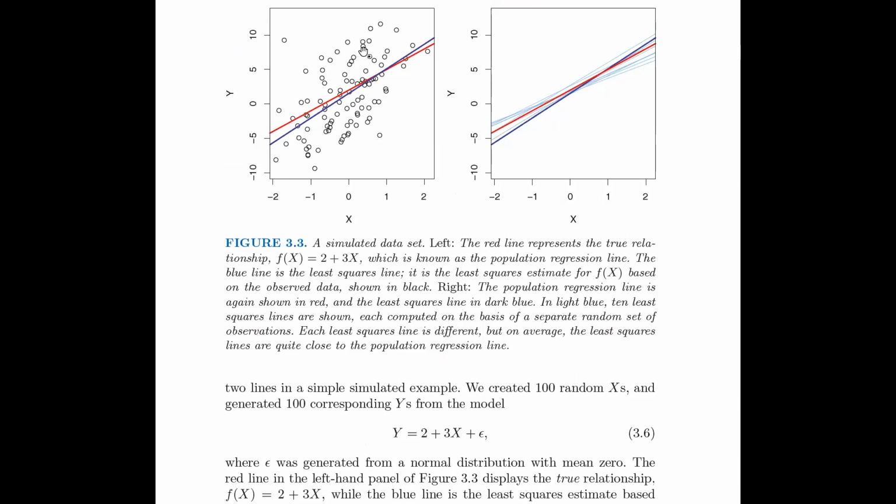Each of these 10 times, they've generated 100 random observations based on the red line, and then they fit a linear model to that data. So just like we created the dark blue line based on this collection of black observations, we do it 10 times.